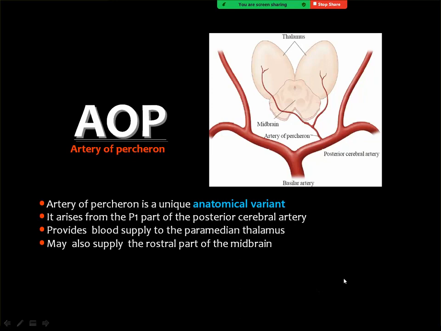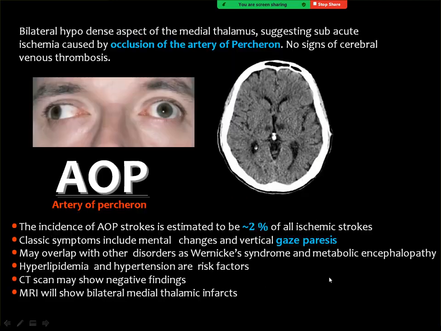This artery is an anatomic variant arising from the posterior cerebral artery, and it usually supplies the thalamic region and also may be part of the midbrain. Then, if this artery is occluded for many reasons, then you got these two infarcted areas on either side of the third ventricle in the region of the thalamus.